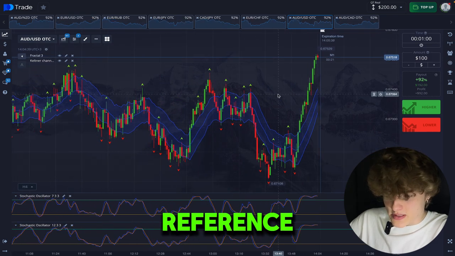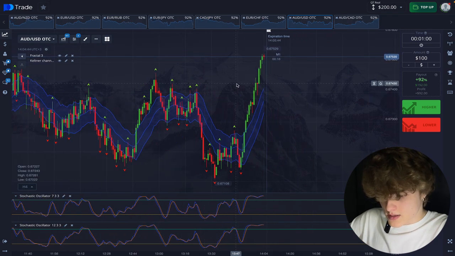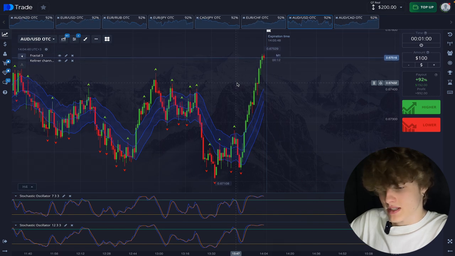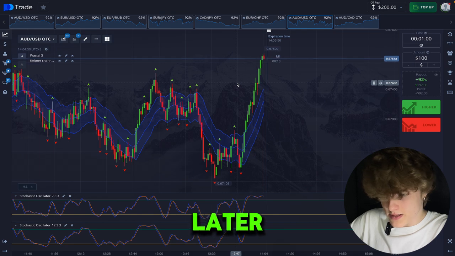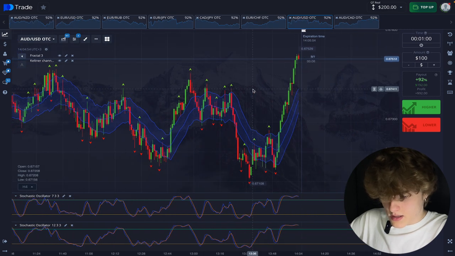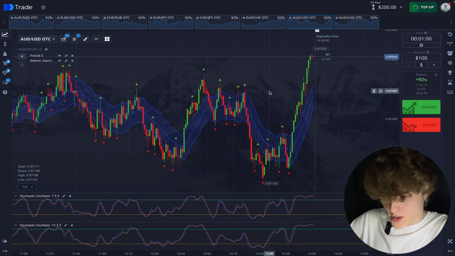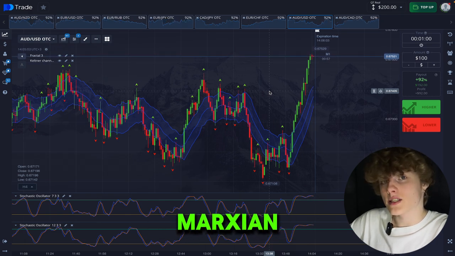The first reference point in my trading will be on it, and I'll also be watching the overbought and oversold zones that my oscillators show me. In general, I will also be watching the updates of the local maximum and minimum.